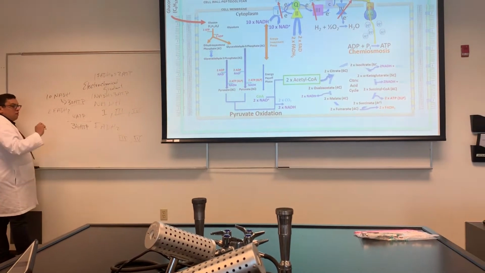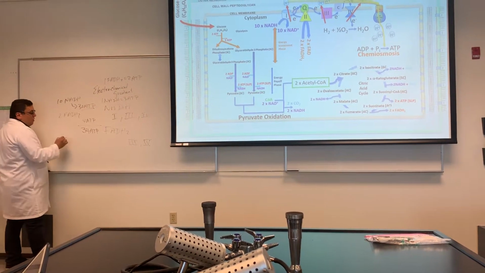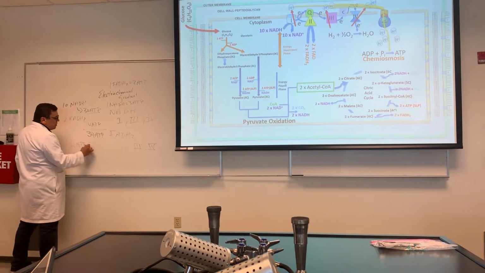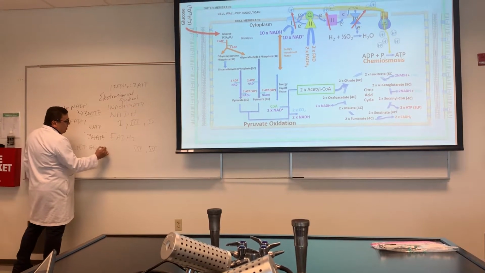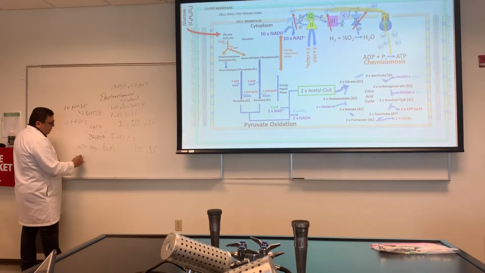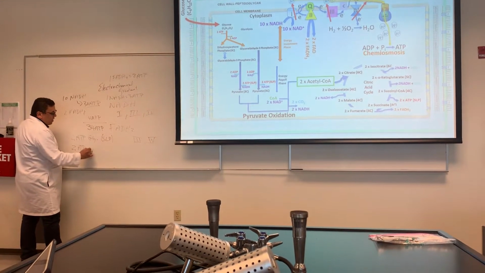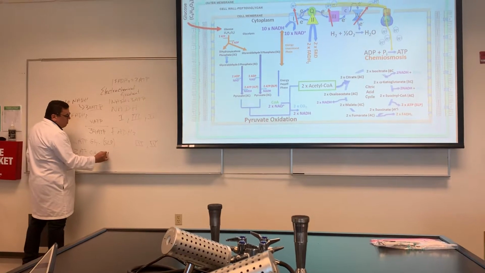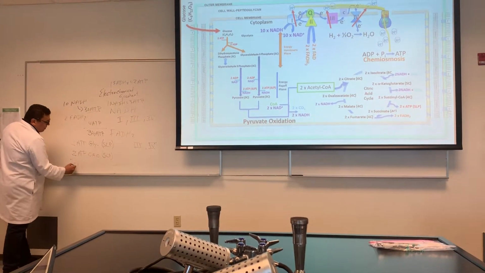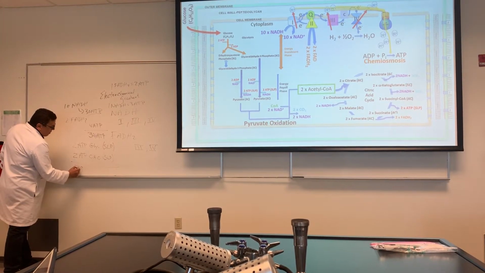But remember, you have 4 other ones. You have 2 ATPs that you made by glycolysis, and that's by SLP. Remember those 2? And 2 ATPs that you made during the citric acid cycle, also by SLP. For a grand total of 38 ATPs.